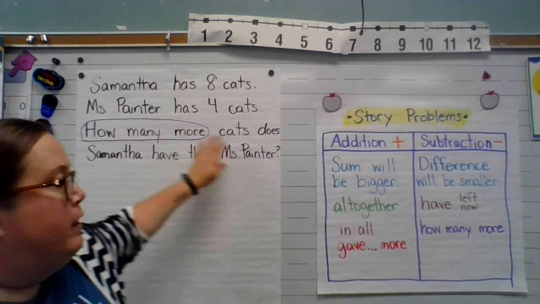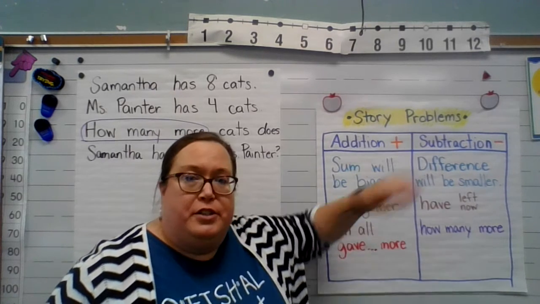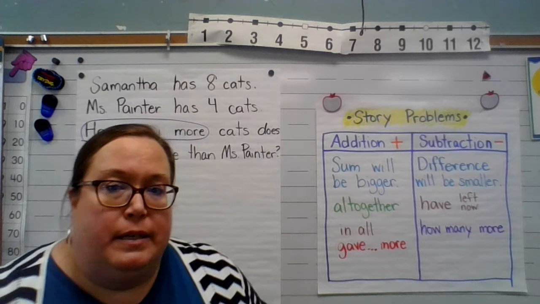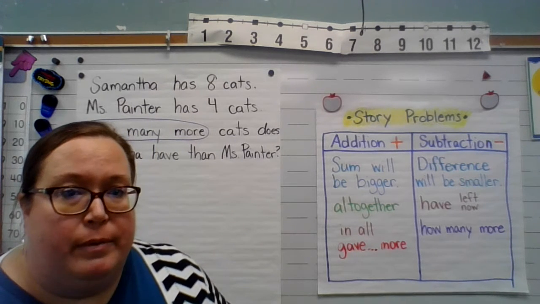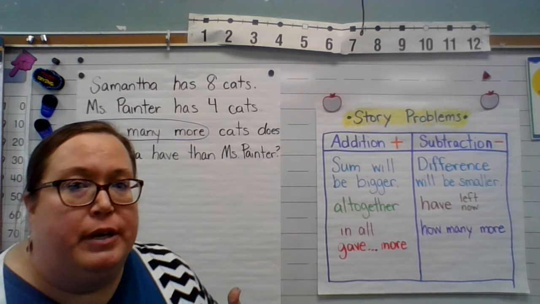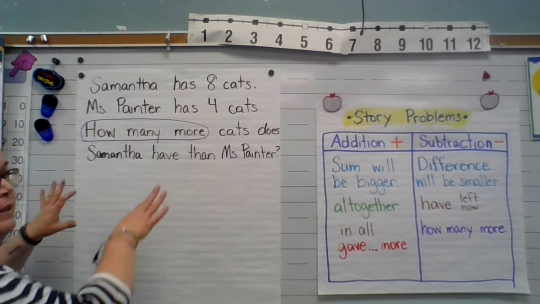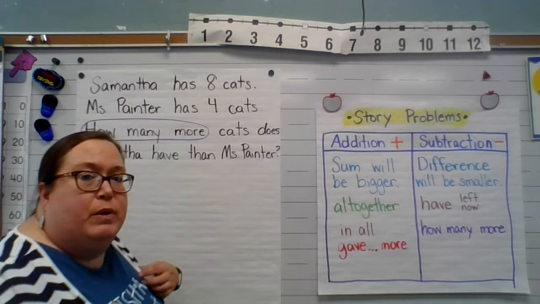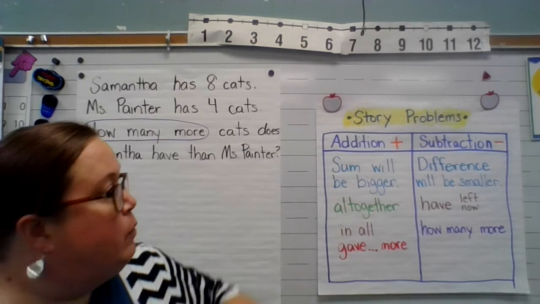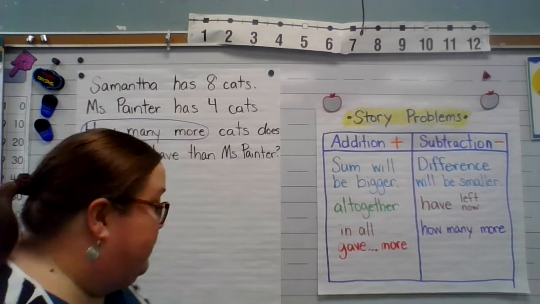How many more tells us that it's going to be a subtraction number sentence, because this is a comparing story problem. Comparing story problems tell us a story that compares 2 things. Okay, so you compare 2 things, you want to find out what the difference is. That will be the answer to a subtraction problem.